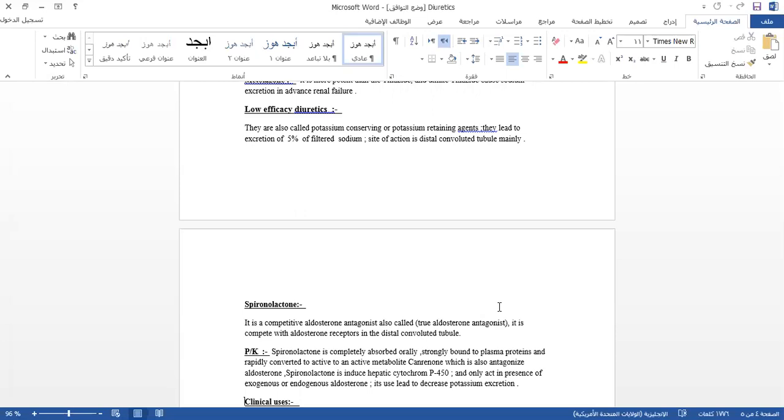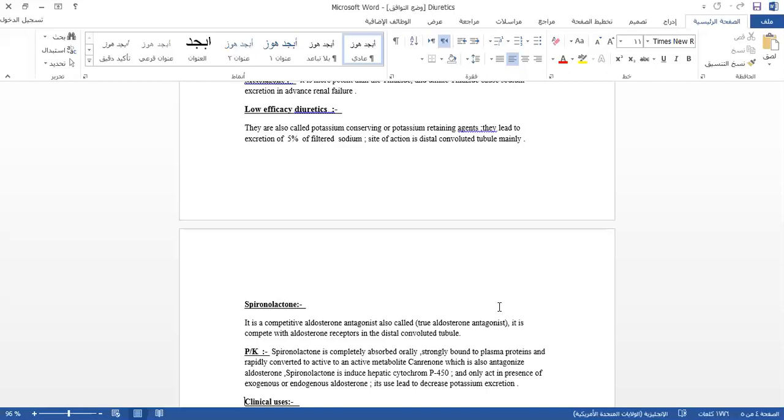So spironolactone is a competitive aldosterone antagonist, the true aldosterone antagonist, conserving or sparing potassium in our body with enhanced excretion of about 5% of filtered sodium.